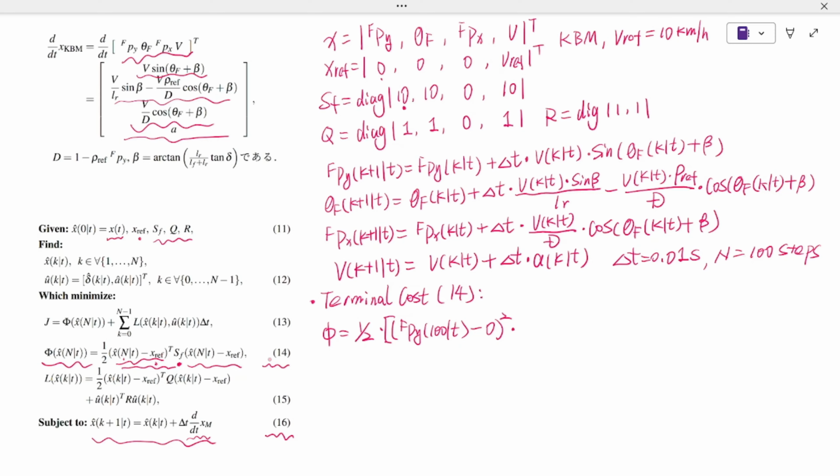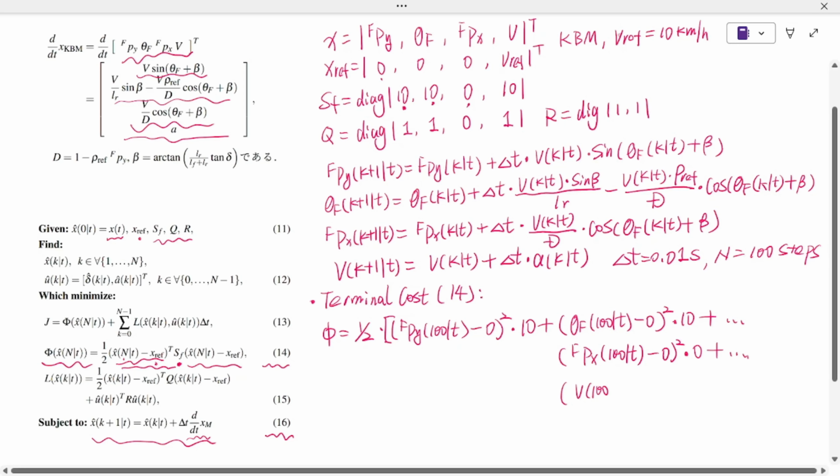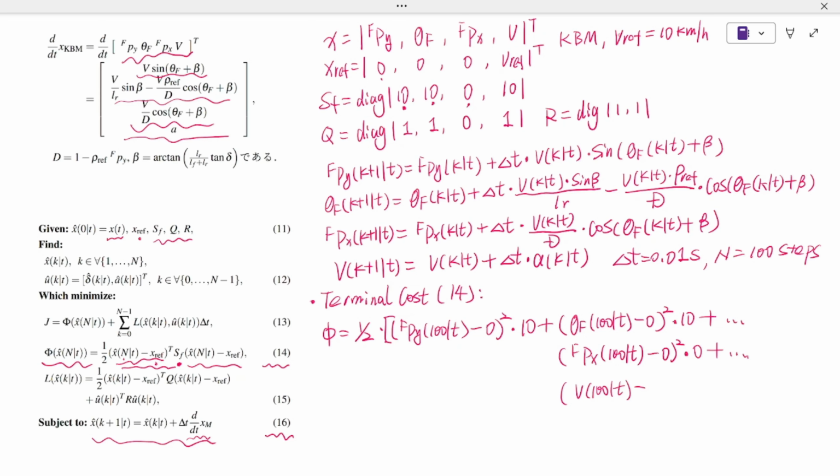For FPY, SF is 10, so times 10, plus theta F 100 given t minus 0 square times the weight, which is 10 too, plus I write here FPX 100 given t minus 0 square times 0, plus V 100 given t minus 10.